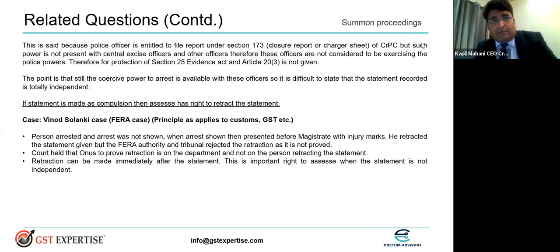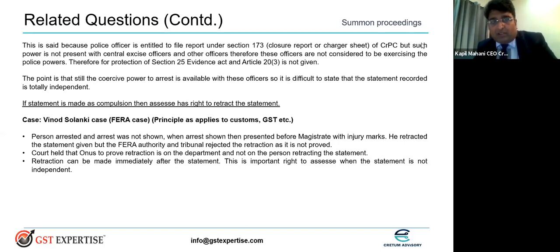This is said because the police officer, as I already mentioned, is entitled to file a report under section 173 of the CRPC, the closure report or the charge sheet, but such power is not present with the central excise officers and other officers. Therefore, these officers are not considered to be exercising police powers. Therefore, the protection of section 25 of the Evidence Act and Article 20 of the Constitution is not given to statements issued under section 70.